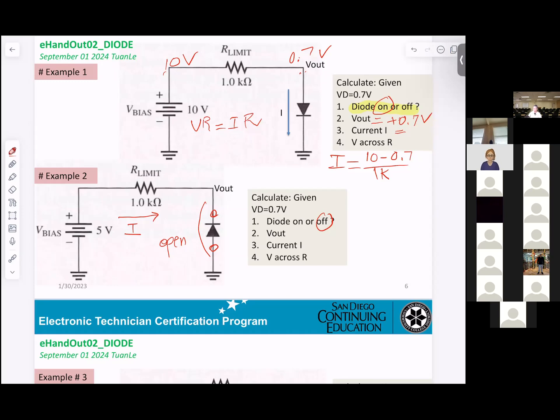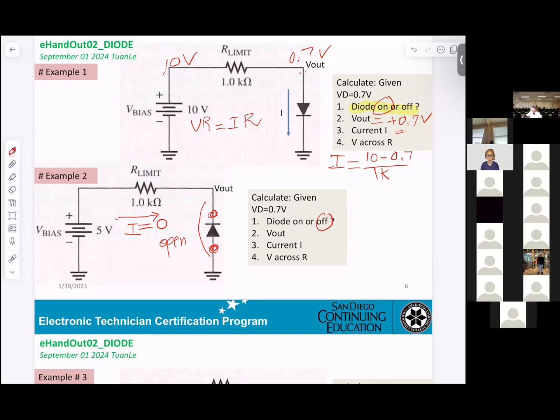In this case the diode is off, which means you get an open here. What do you think the current is supposed to be? The current is zero. No current is flowing because you got an open circuit. So when you put the leads, one on the ground and one where it says V out, you'll measure 5 volts, and that's what V out is. That's correct. The diode is open, so the current flow will be zero.